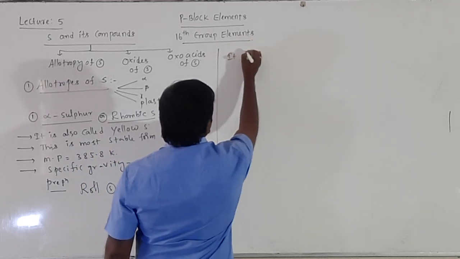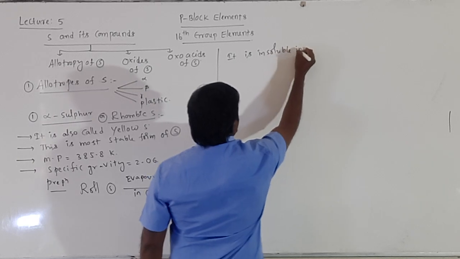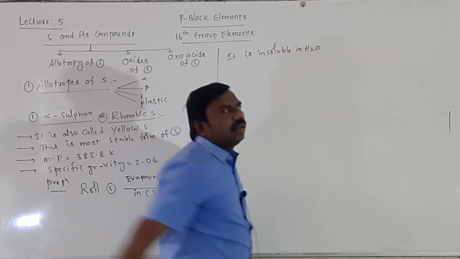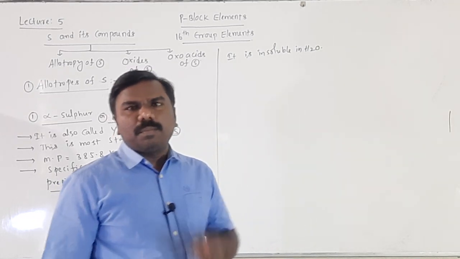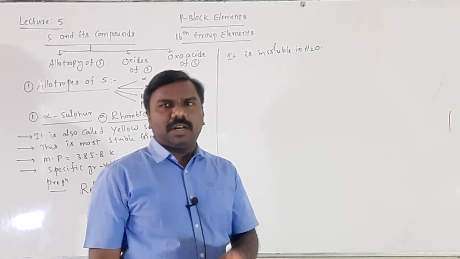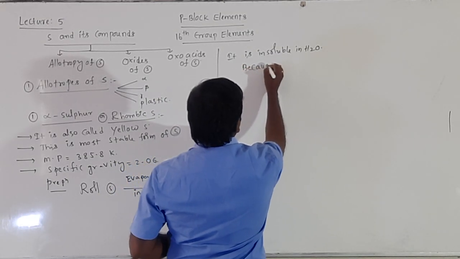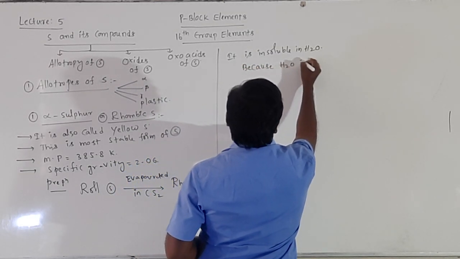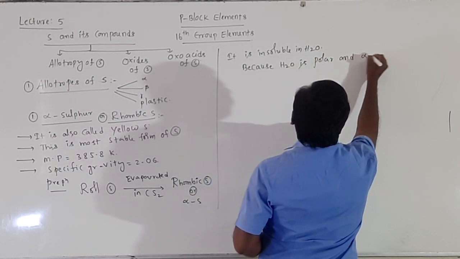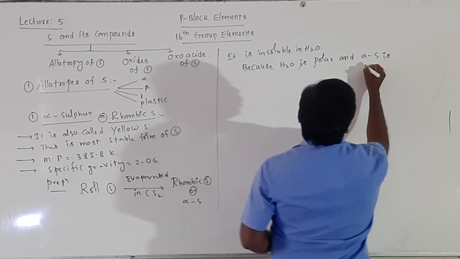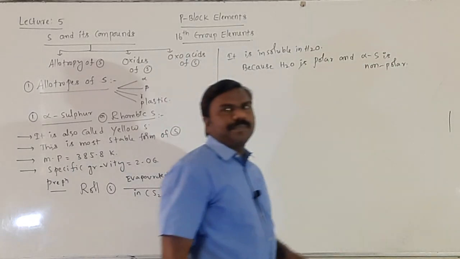Next, it is insoluble in water because water is polar, sulfur is non-polar. Polar dissolves in polar only, but not in non-polar. Water is polar and alpha sulfur is non-polar, hence insoluble in water.